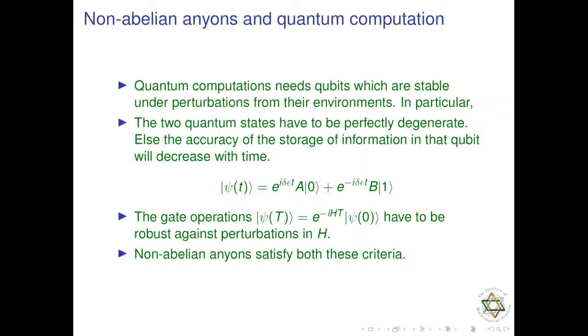Now it's very robust against how you braid it. Whatever mechanism you use, even if you make small changes, once you do it this way, second time you do it that way, it doesn't matter. You always get the same state back. So in physics, topology means robustness against perturbations, and these things are robust against perturbations.